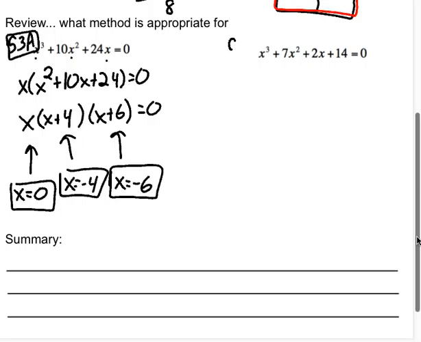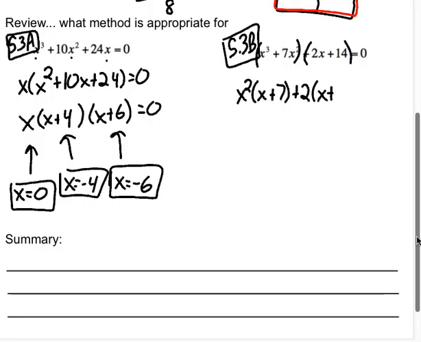Then remember the previous one, 5.3b. When you have 4 terms and you're dealing with a cubic, that is factoring by grouping. So I factor out of each parenthesis, so x plus 7, because I can pull out the x squared. Here I can pull out a 2, and I get x plus 7 again.